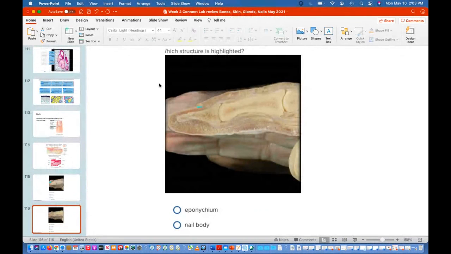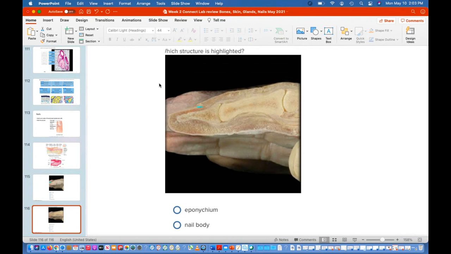The nails are really important because you can look and pick up a lot of metabolic issues from the nails. You can pick up diabetes, you can pick up cancer, you can pick up anemia, you can pick up psoriasis. You can also pick up COPD or lung cancers.